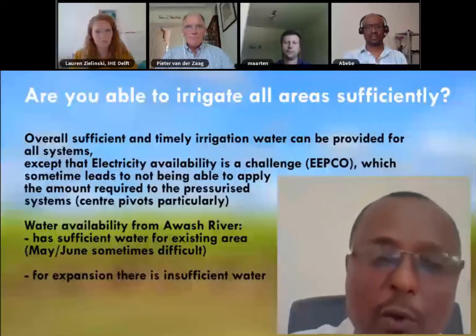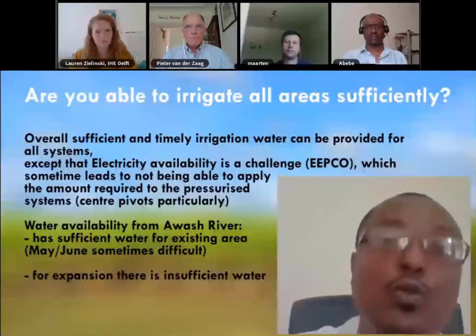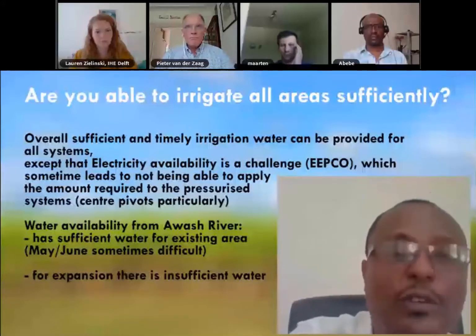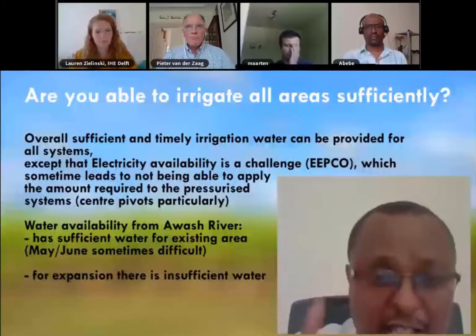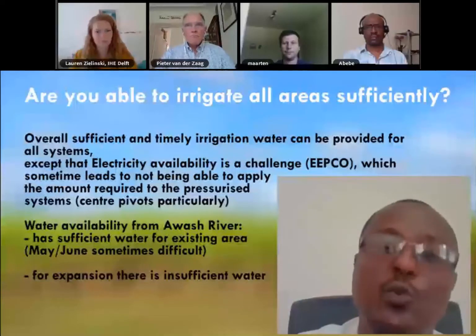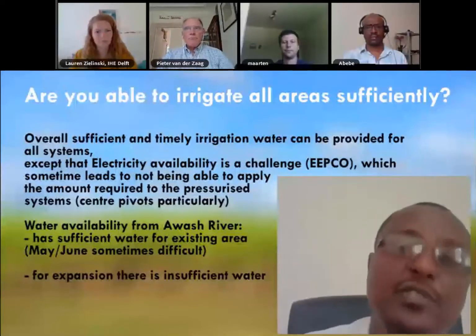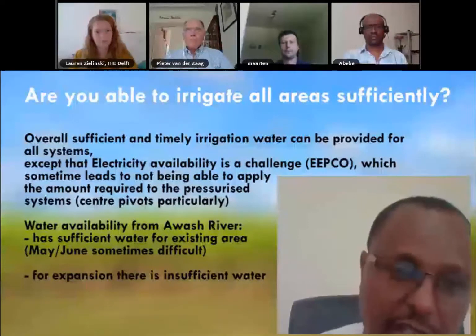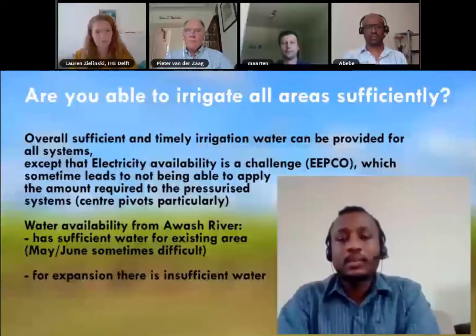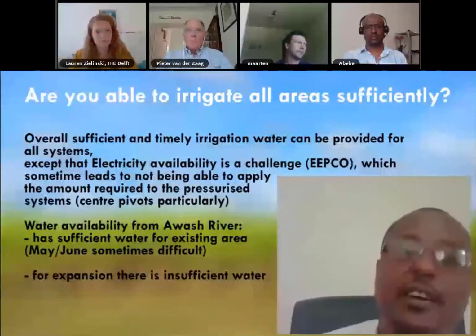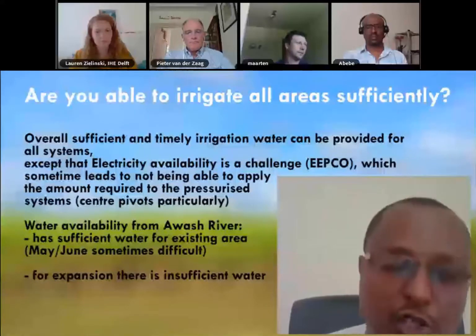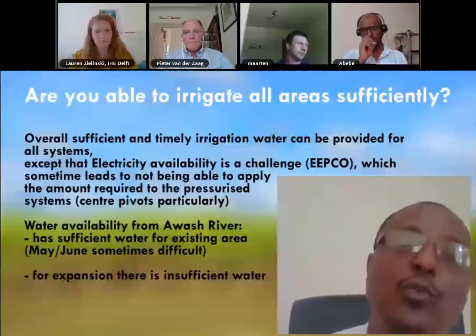Otherwise, we can get sufficient water for our farms. For expansion one, we do not have a sufficient amount of water. But for the existing farms, we can assure a sufficient amount of water.